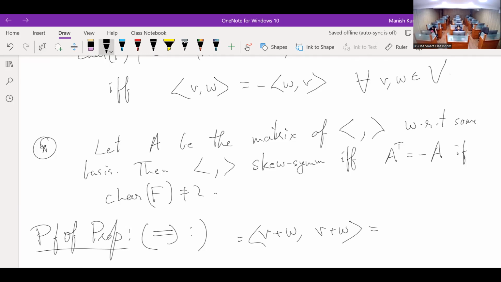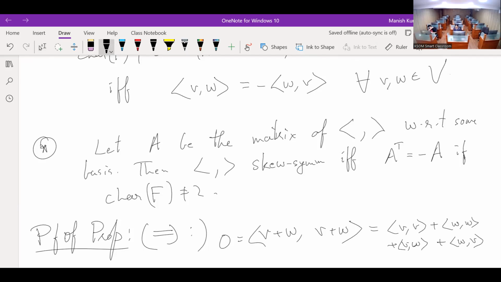So what is this pairing? First of all, by hypothesis, this is 0. And this is bilinear, which tells you this is (v, v) plus (w, w) plus (v, w) plus (w, v).